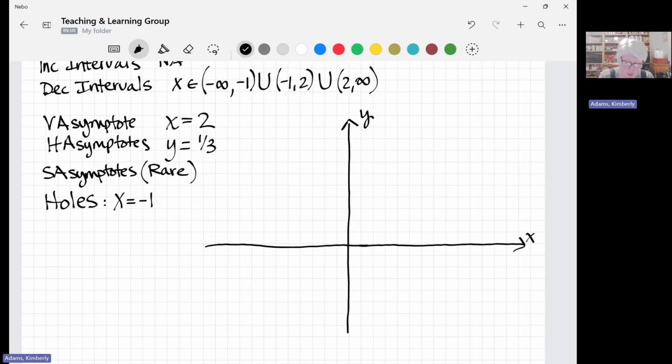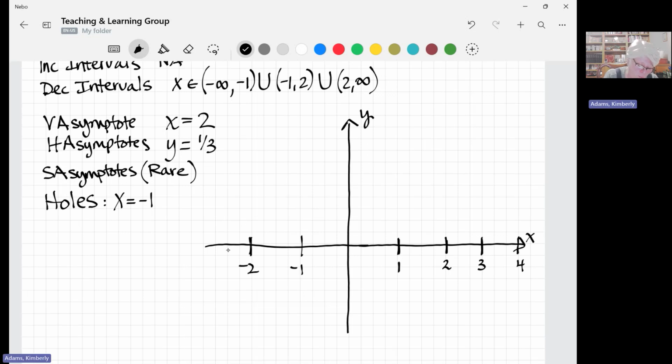There are some things I'm going to make sure I actually plot. The vertical asymptote, I want to get it nailed. It needs to be exactly where it's supposed to be. I'm actually going to use a little larger scale than normal. This is 1. Here's 2. Here's 3. And I'll put 4 over here. And here's -1.